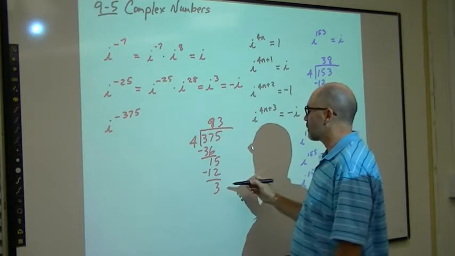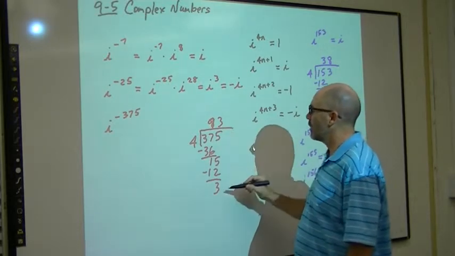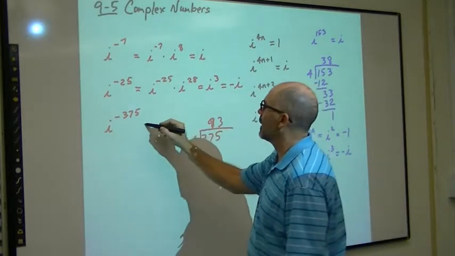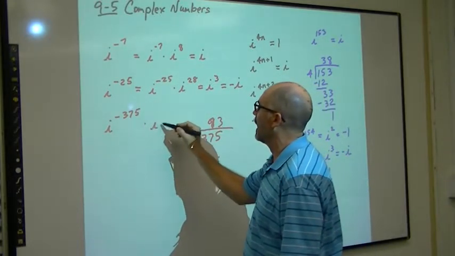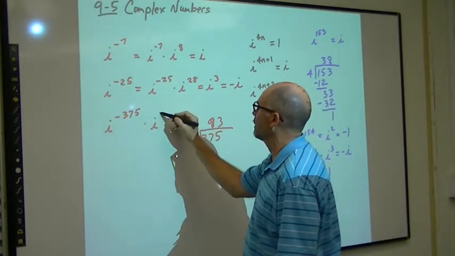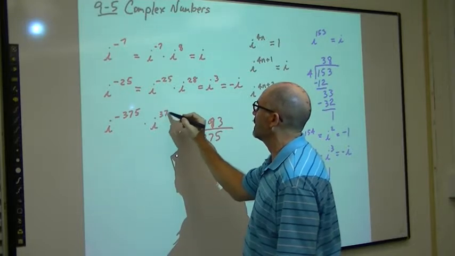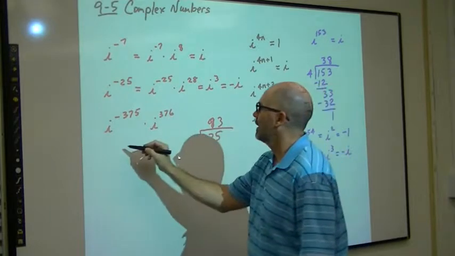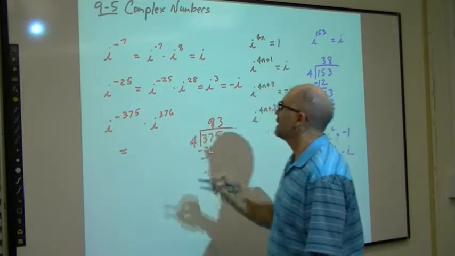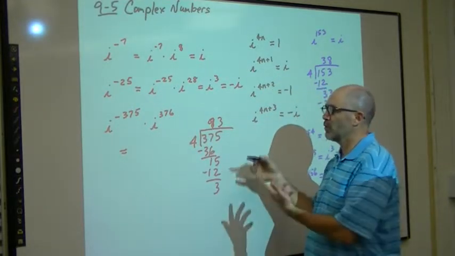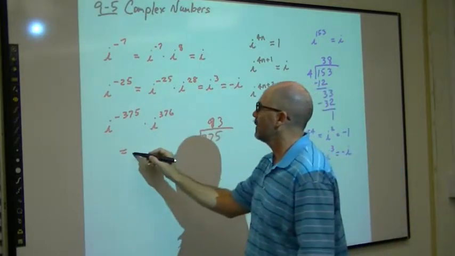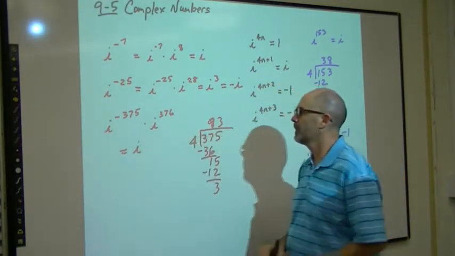So a remainder of 3. So basically, if I multiply this by i to the 376, then 376 has a remainder of 4, or remainder of 0. So that means this equals just plain i.